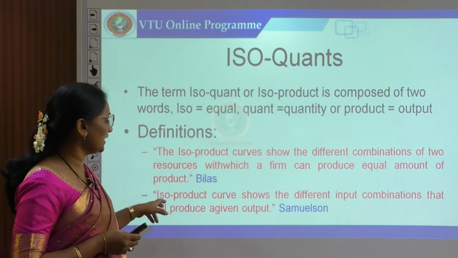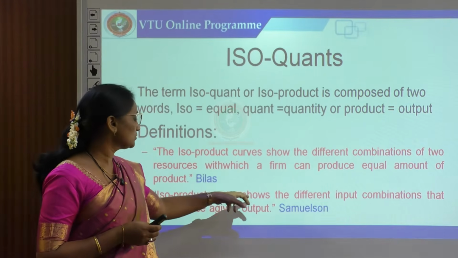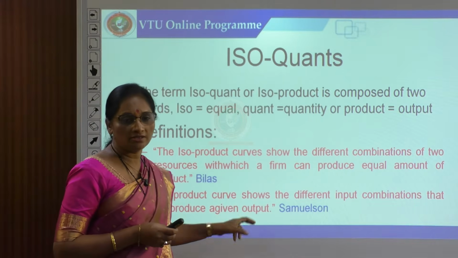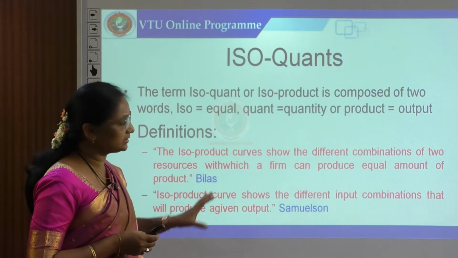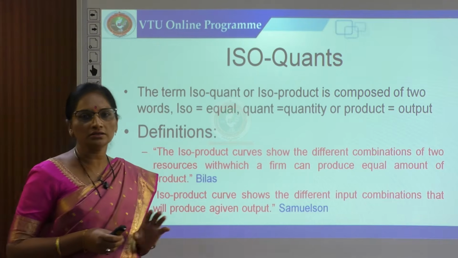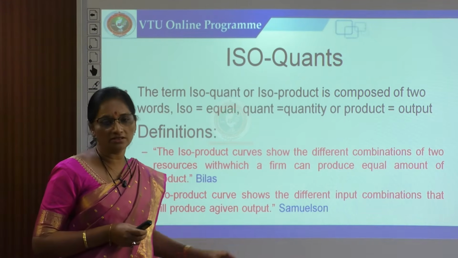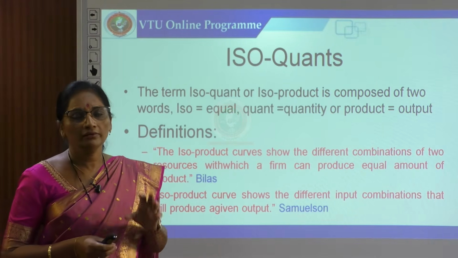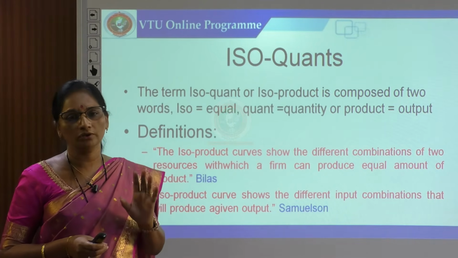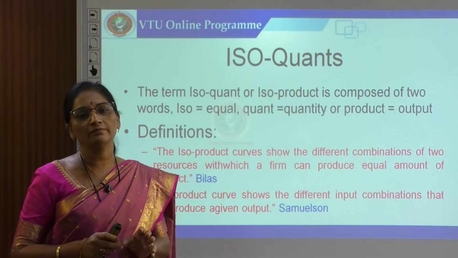One more definition is given by Samuelson. Samuelson says that isoproduct curves show the different input combinations that will produce the given output. Here also, of course, there are different factor combinations, and these give the given level of output. Here he is trying to say that every organization or producer wants to get one level of output. I want to produce 100 units, because the production plan is predetermined by the producer.